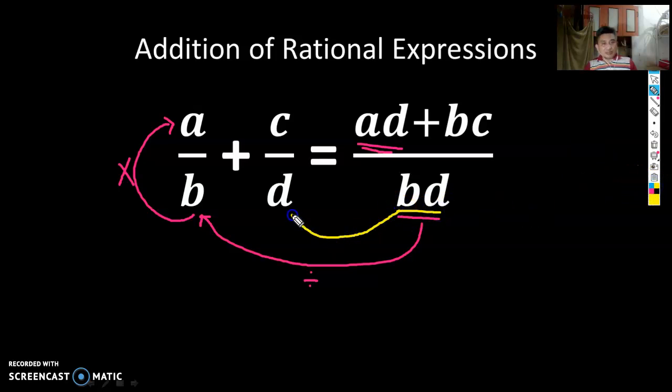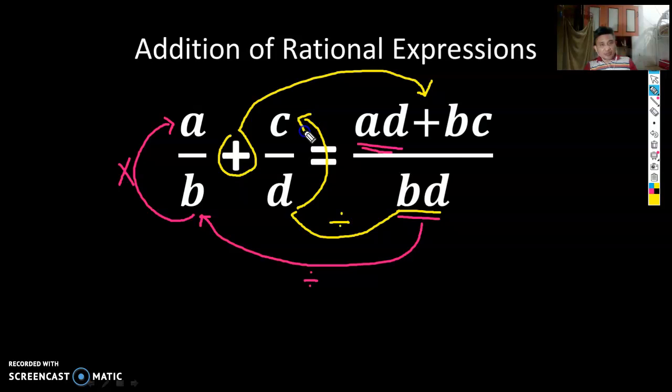Plus, copy the operation. Then BD divided by D is B, times C is BC.